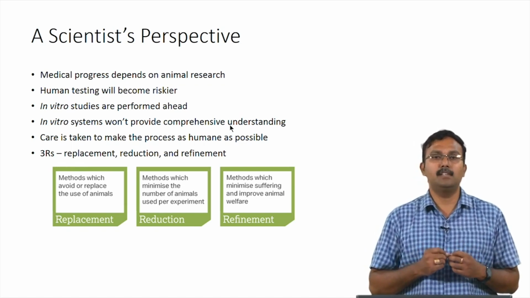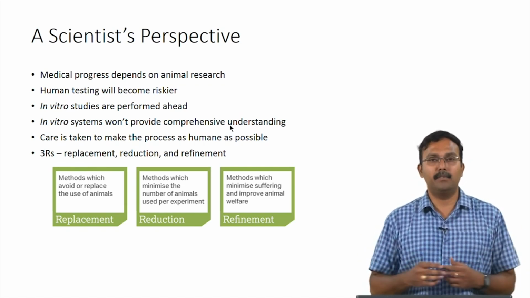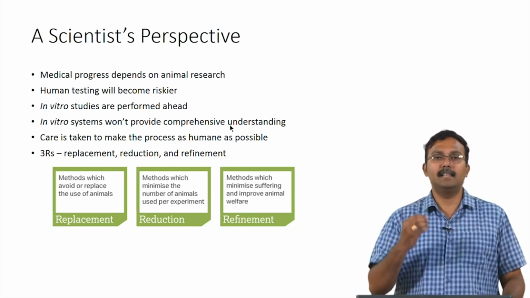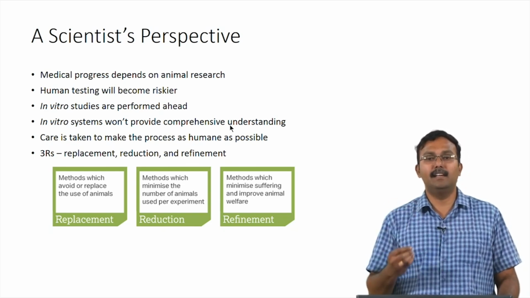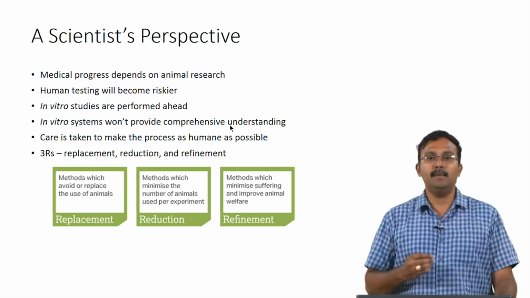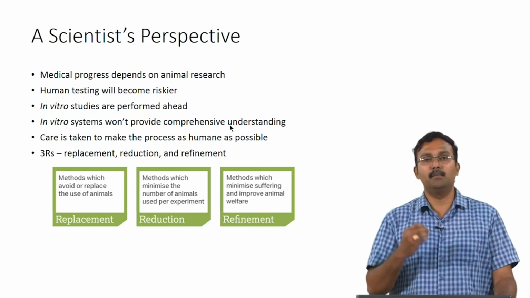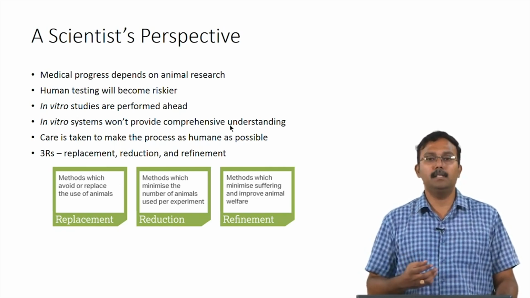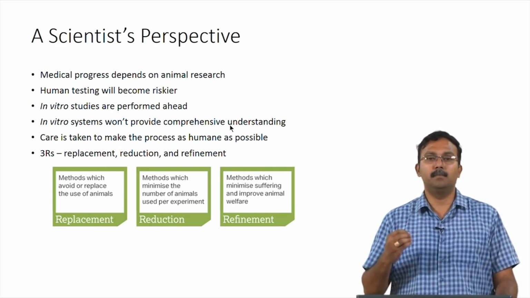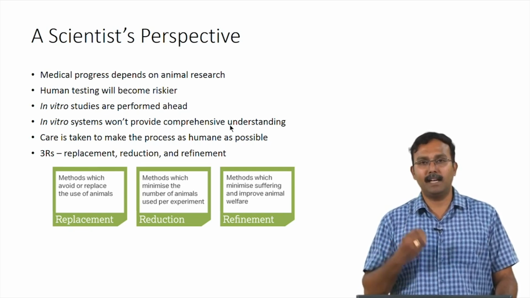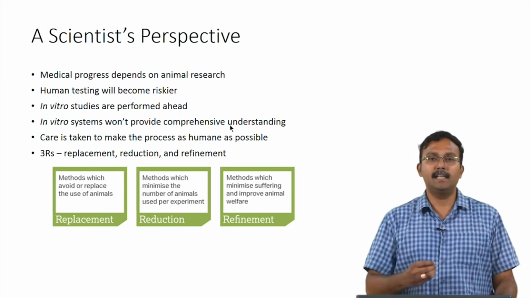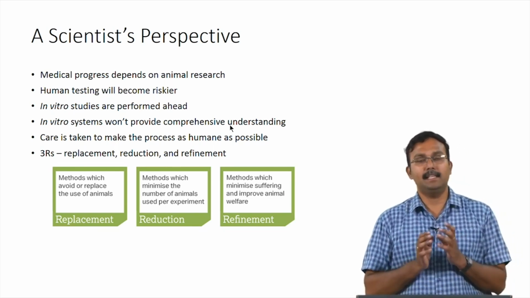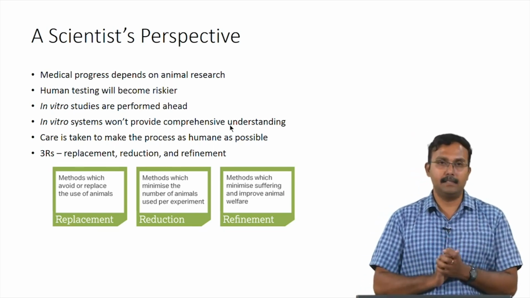So, you do not test it on a large number of animals, you test it on the required number of animals to get a significant and scientifically valid result. Refinement is using methods which are more refined, which will cause lesser pain to the animals, minimize the suffering and improve animal welfare as well. So, these 3 R's are always followed by any scientist. These are the arguments which are put forth by a scientist.